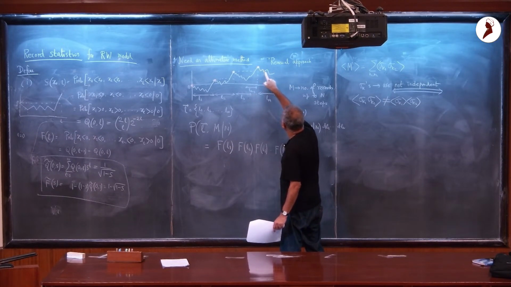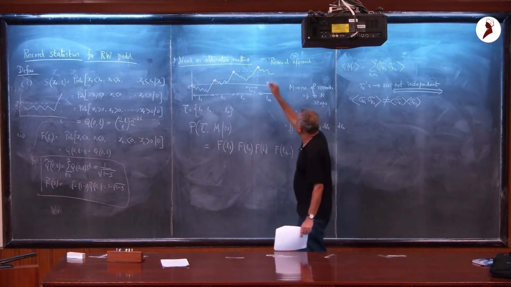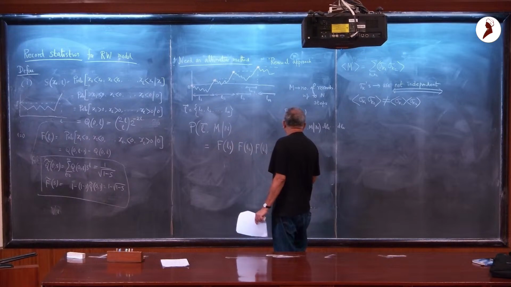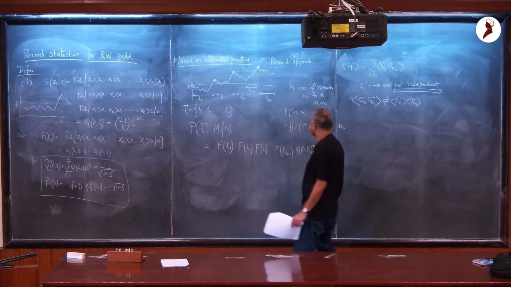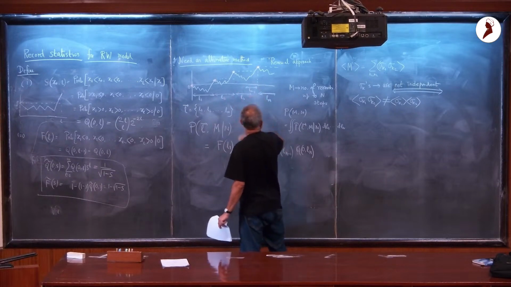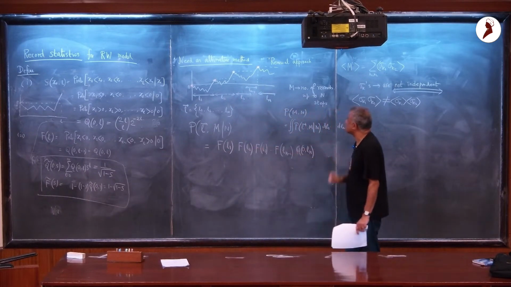So the probability of this part, which is the not yet completed record, is just the probability that this path stays below this level, and this is exactly Q0 of Lm. So I'm making a product of different segments, and the last segment is slightly different from the previous ones.